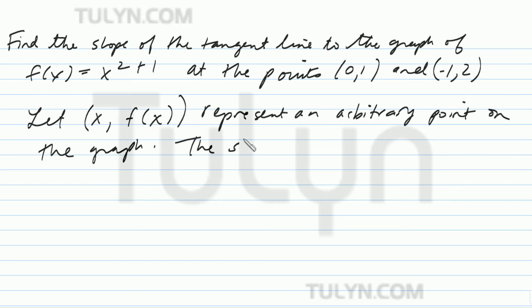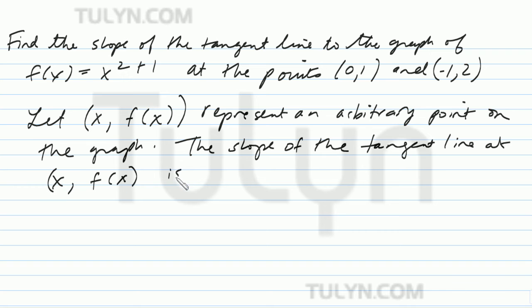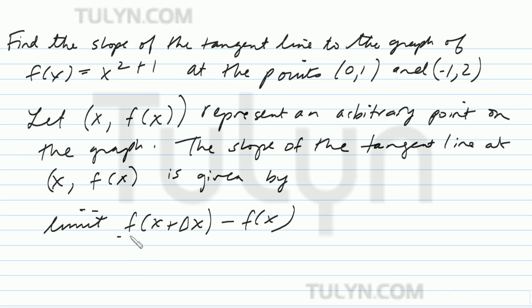Then the slope of the tangent line at (x, f(x)) is given by the limit of f of x plus delta x minus f of x, divided by delta x, as delta x approaches 0.